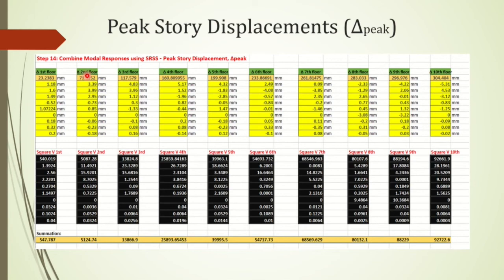Ganon din po sila. Ito po yung lahat ng displacement naman sa second floor. Now, after doing so, we will square them, yung nasa dito, gaya ng ginawa natin kanina. After we square them in this black column, we will get their summation, no? Total summation dito po sa last row po na ito.